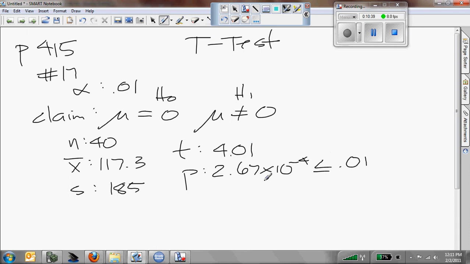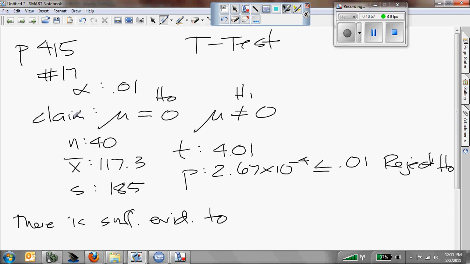It is far less than the significance level, therefore we reject the null hypothesis. We write our formal conclusion. Since we are rejecting, there is sufficient evidence to reject the claim that, restate the original claim, mu equals 0.